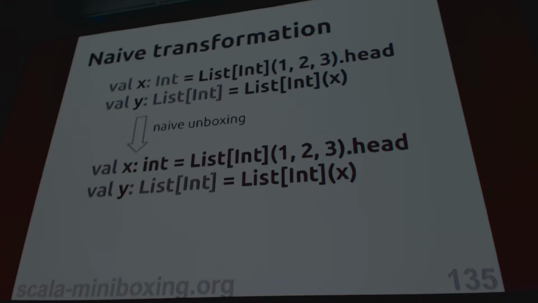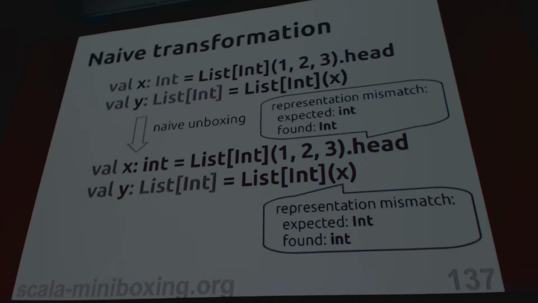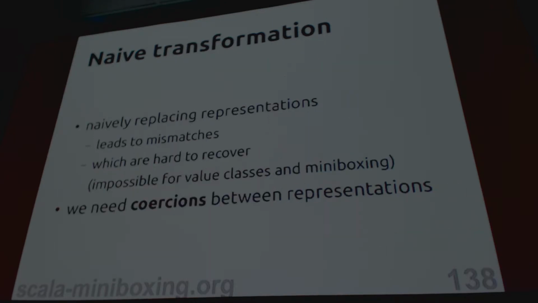What would this produce? Well, there would be a mismatch. In one place, you would expect an unboxed integer to be returned, but actually it would return a boxed integer. On the other hand, you would have another representation mismatch when creating the list, because the list expects boxed integers and you give it an unboxed integer.